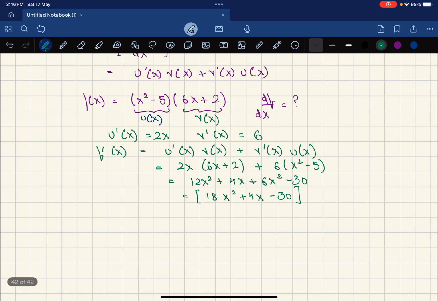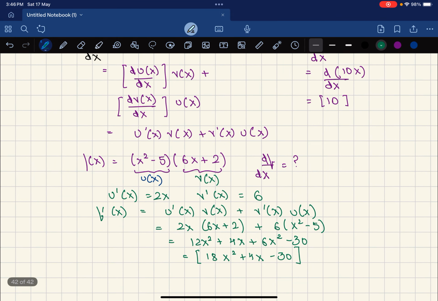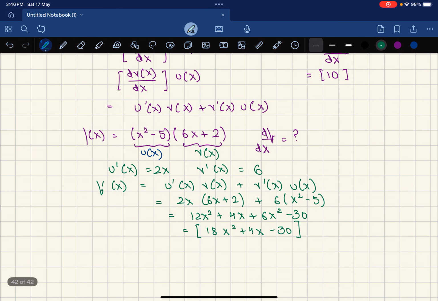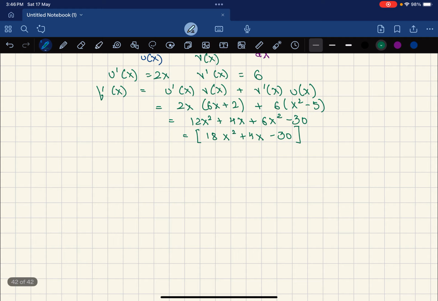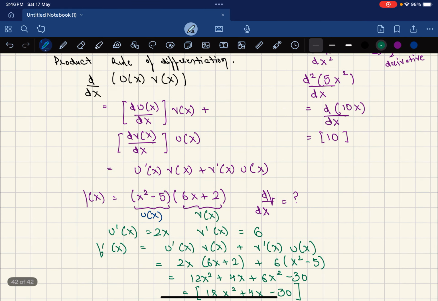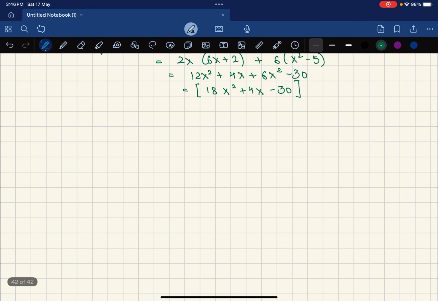So this is how we can use the product rule to calculate the derivative of two functions which are in product to each other. So this was regarding the product rule of differentiation.